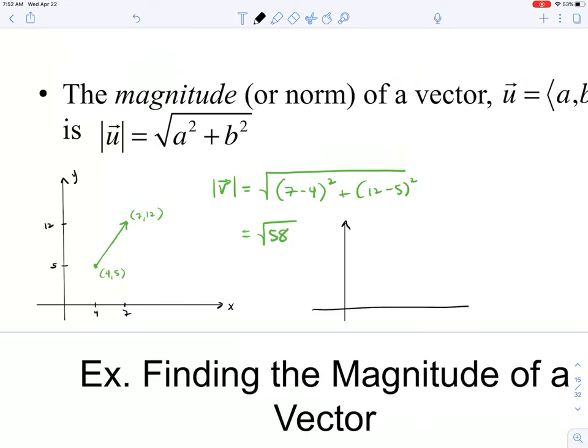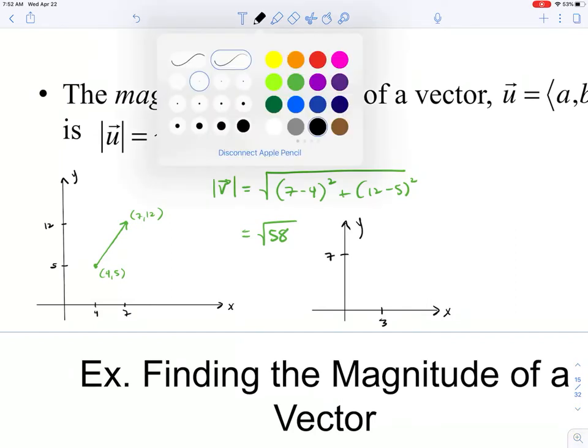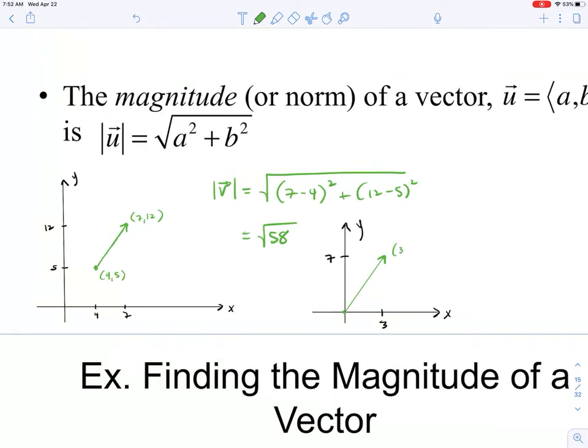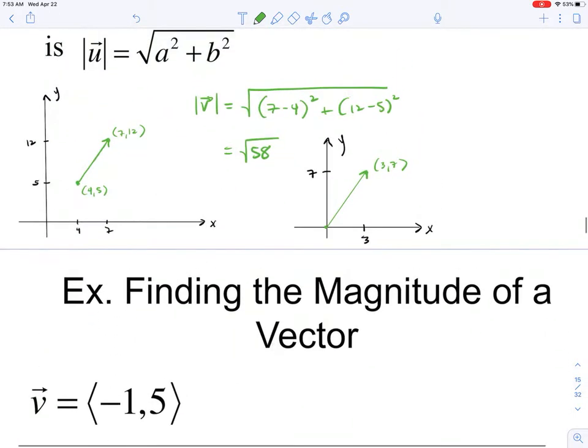So if I draw that vector that was in standard position, which terminates at the point 3, 7, that means that I'm calculating the distance between the origin and that terminating point.